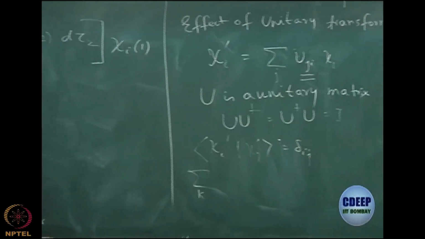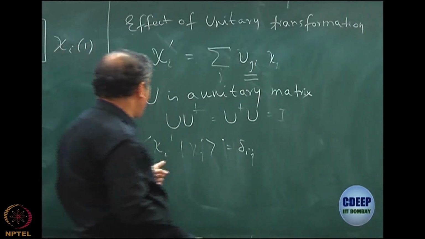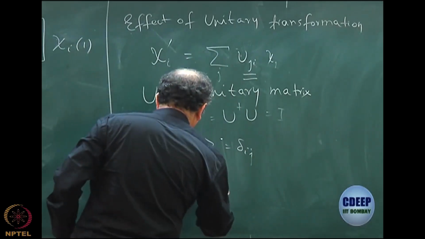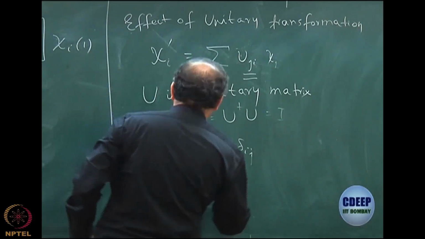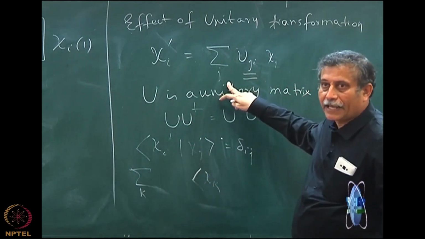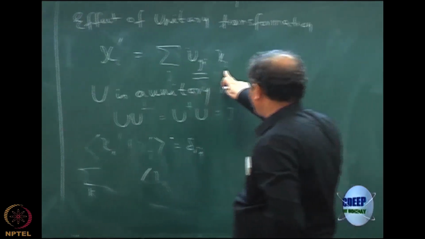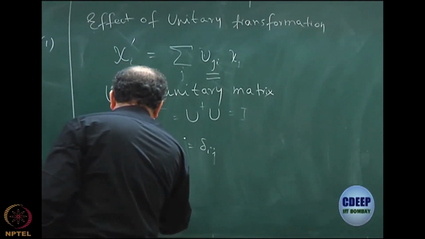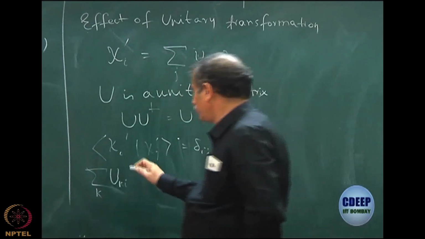Okay. And what will chi_i star now be? It will become chi_k star, because now I am expanding chi_i prime with the dummy variable k. So, this will become chi_k and you will have u_ki star.